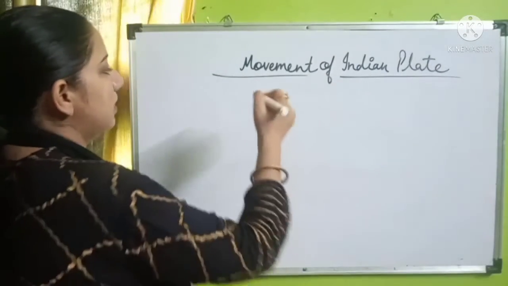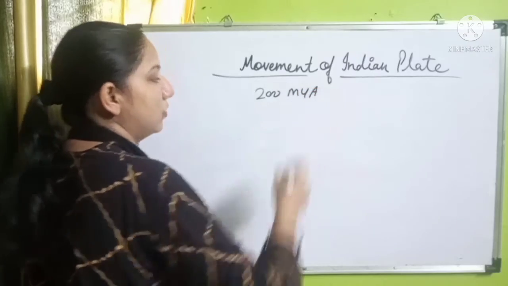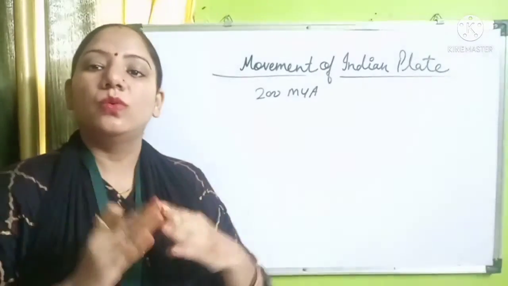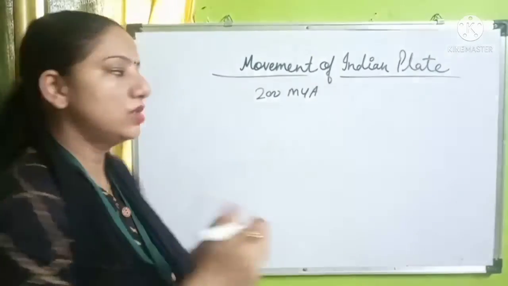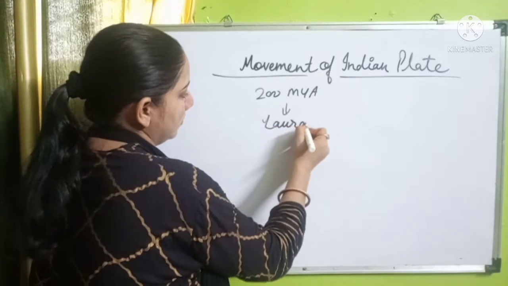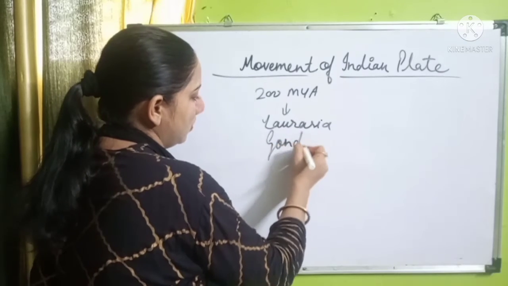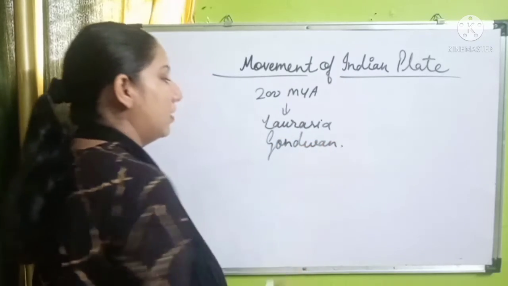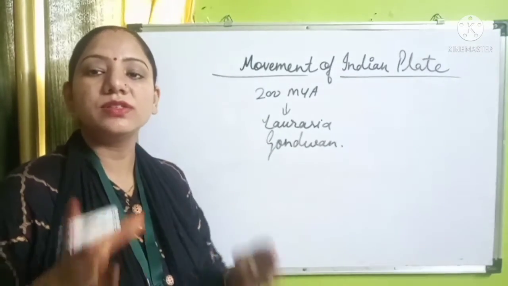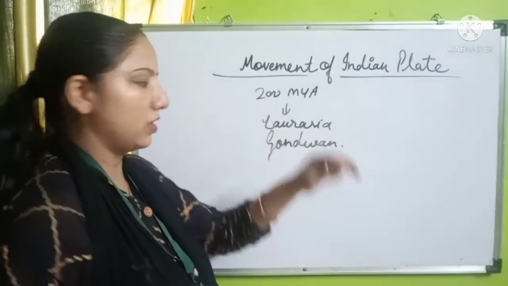See students, around 200 million years ago, the supercontinent Pangaea started to separate. It changed into Laurasia and Gondwana. Most of the landmass was on Gondwanaland, but in a separated form, and the big landmass was in Laurasia.